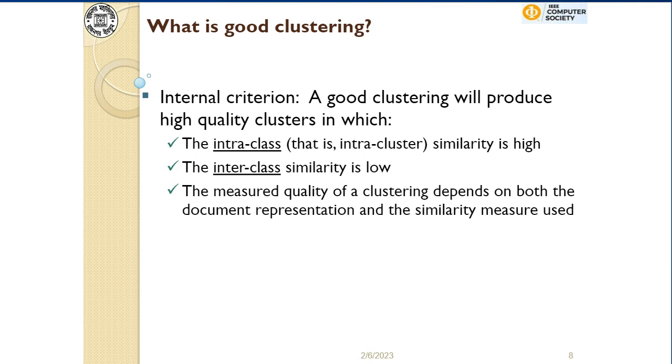In contrast, the inter-cluster similarity is low: the similarity between two different clusters should be low. Within a cluster you have the highest similarity possible, and across different clusters the highest dissimilarity. That governs any clustering algorithm, and every clustering algorithm tries to maximize the intra-cluster similarity and minimize the inter-cluster similarity.